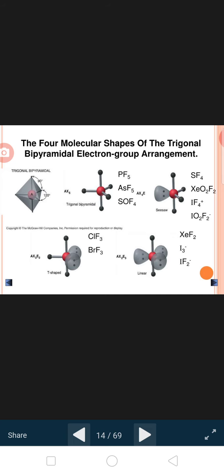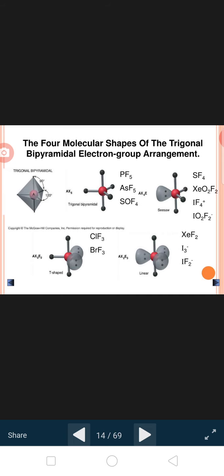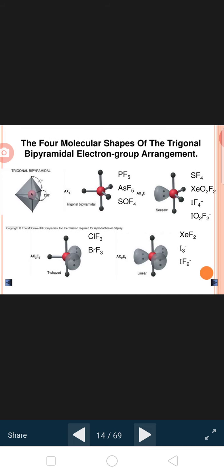Similarly, if there are two lone pairs and three bond pairs, then the geometry is T-shaped, as in ClF3, BrF3. If there are three lone pairs and two bond pairs, as in xenon difluoride, triiodide, IF2, linear geometry will be found.